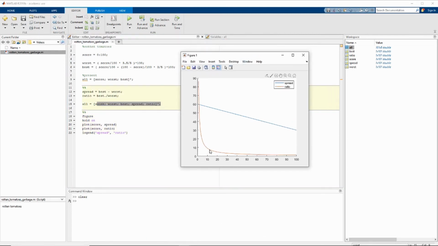And as you can see, the ratio of best score to worst score just goes to infinity as it approaches 0. But like I said, even at 10%, the best score is about 10 times the worst score, which is obscene. As you can see, the spread from 60 to 30, this is not a good discrepancy, even in the worst case scenario.